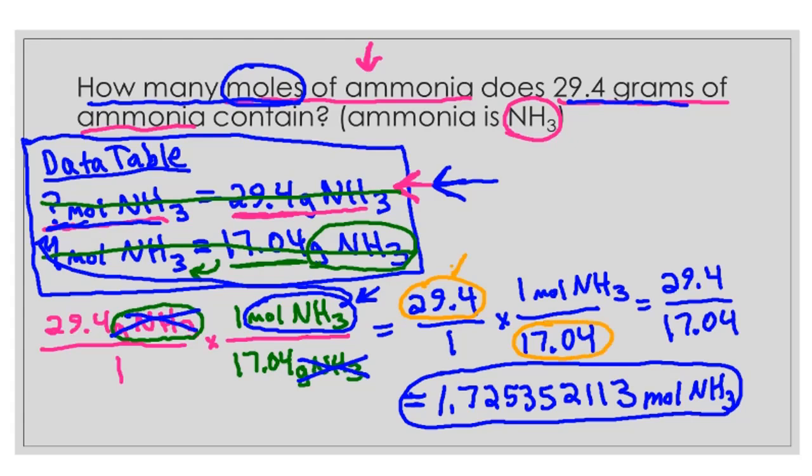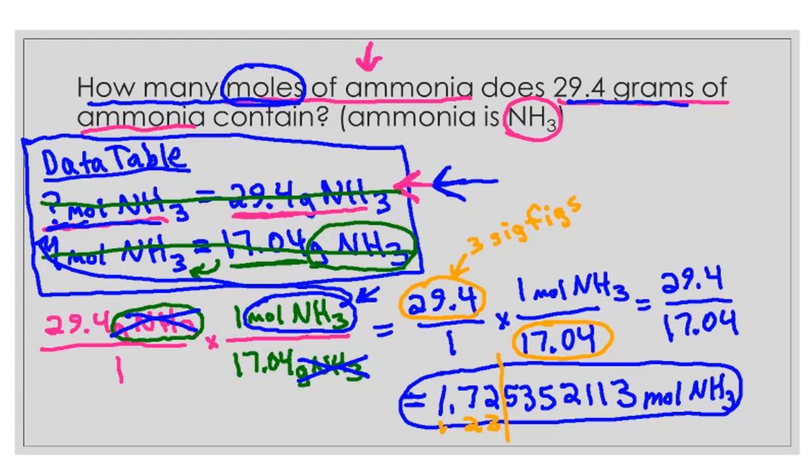So we're going to use the least amount of sig figs, 3 sig figs. And if you're not sure what I'm talking about, go and look at my video on significant figures and rounding. So that's 3 sig figs, so we're going to round to 1, 2, 3 sig figs.